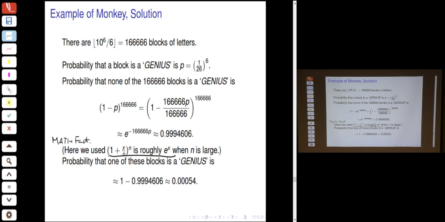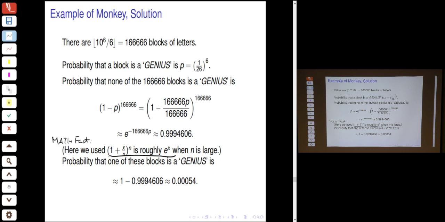E is the Euler constant we learned in the first week. So e is 2.7 something. So this fact says that for any number x, this funny thing is roughly e to the x.